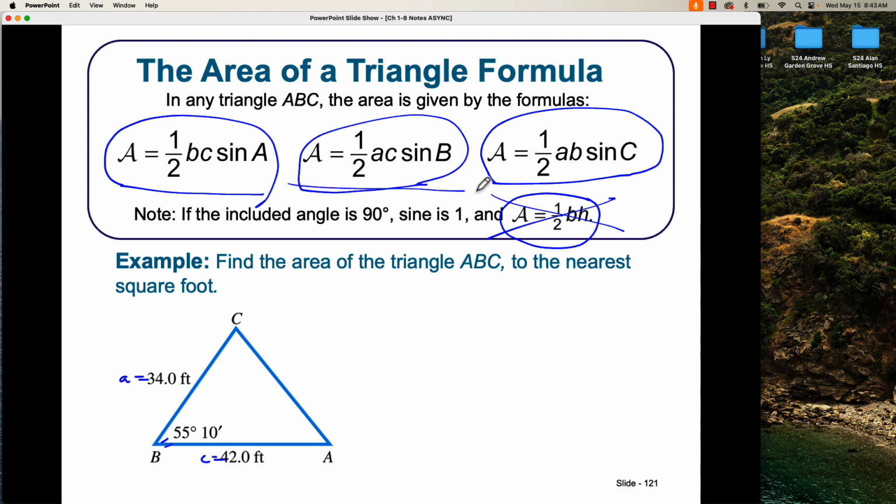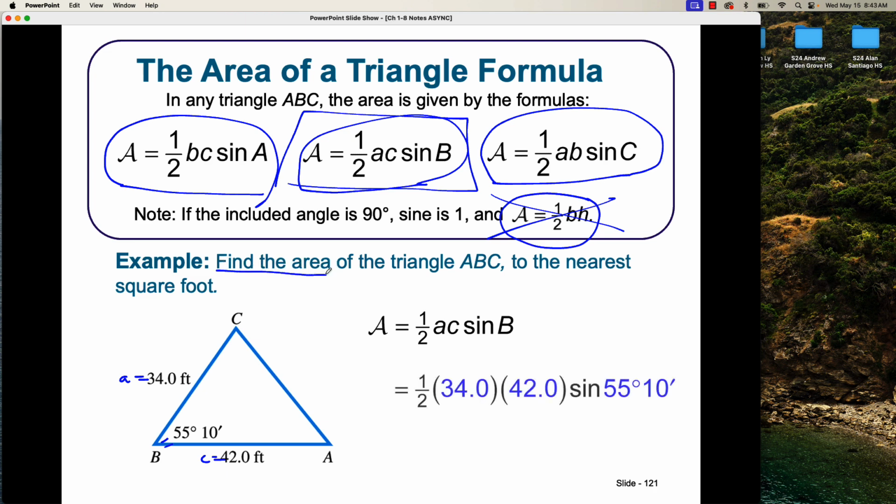If you went with this one, nice job. That would make sense because we know this, we know this, we know this, leaving our formula with only one unknown, capital A, which is what we're asked to find. Plugging in little a, little c, and capital B, this is what we have here.